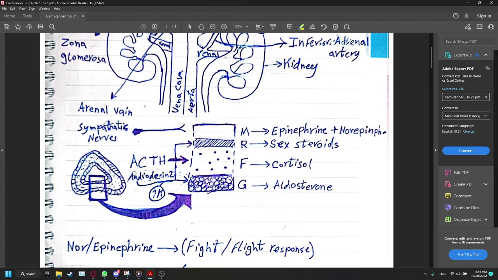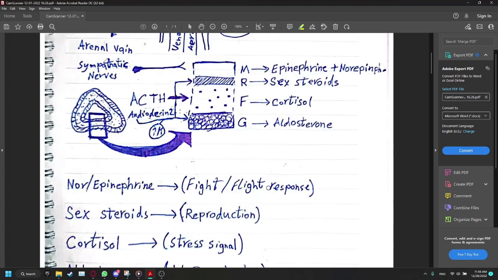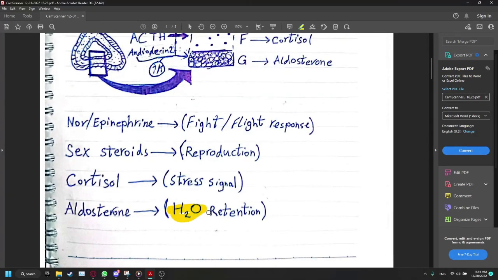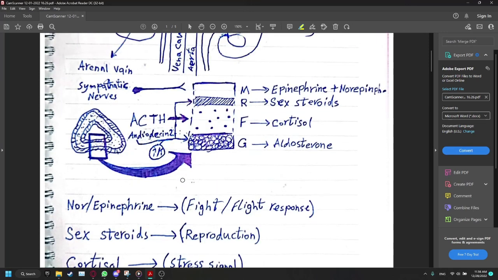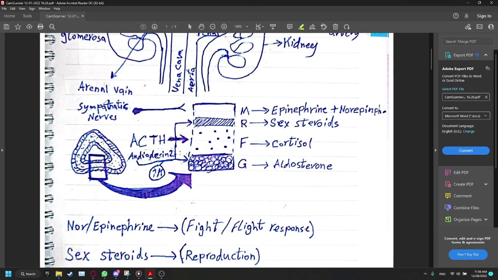Those two, along with ACTH, can stimulate the granulosa to produce aldosterone here. Obviously, aldosterone is important for H2O management, as we said. And okay, that's pretty much it.